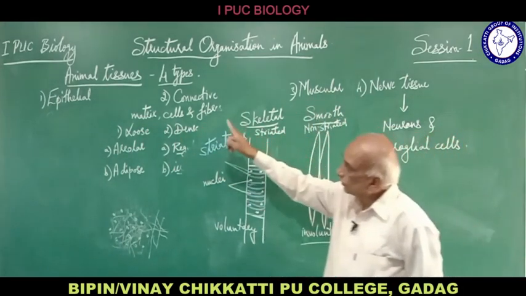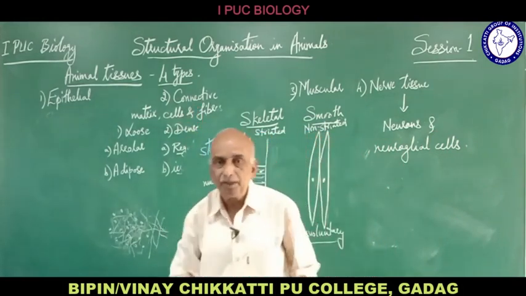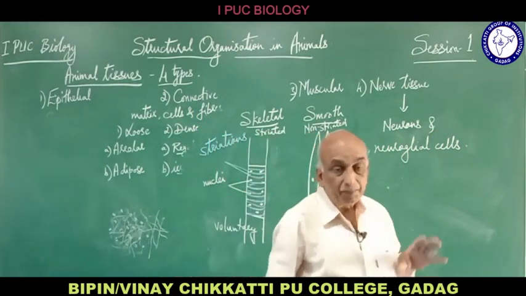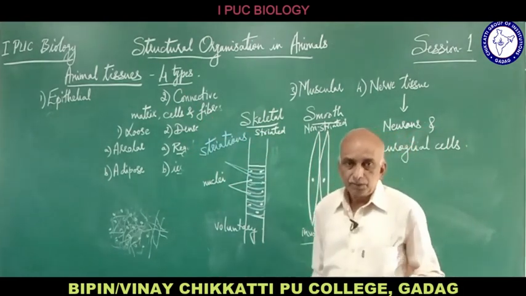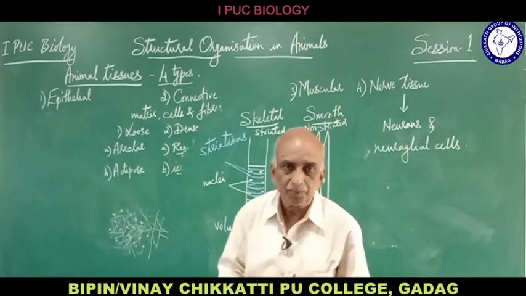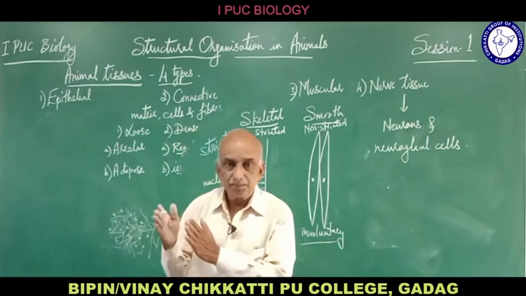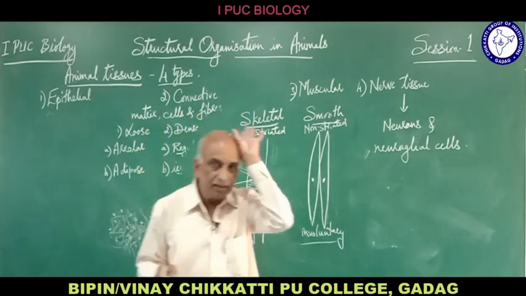And one point to remember here is that in our body the abundant tissue is actually the connective tissue. So there are epithelial tissues in our body, connective tissues, muscular tissues, and nerve tissue.